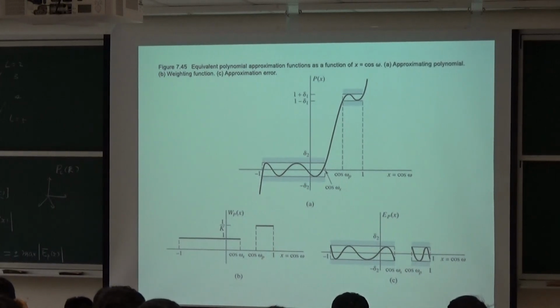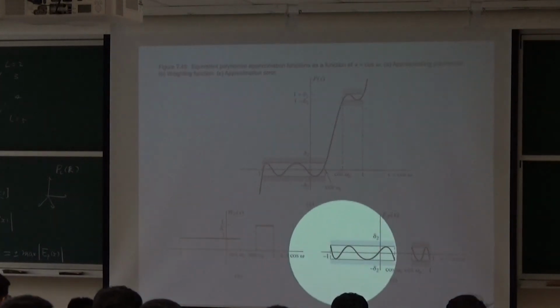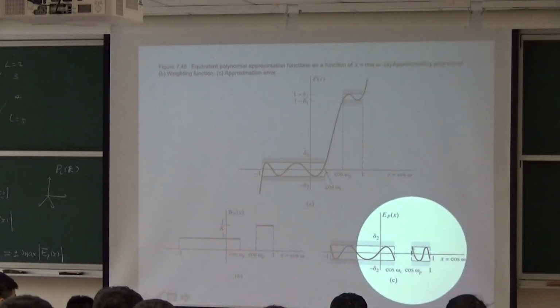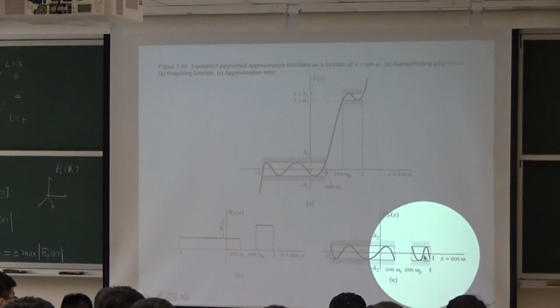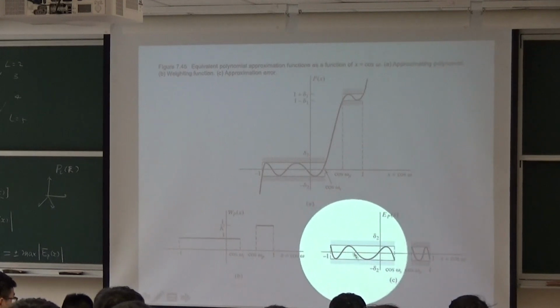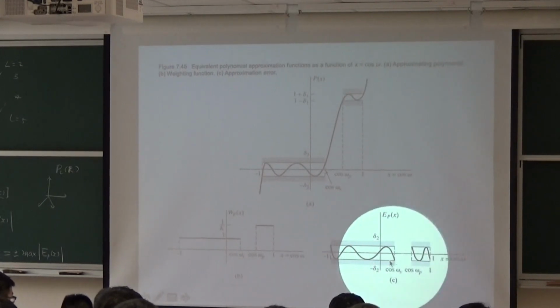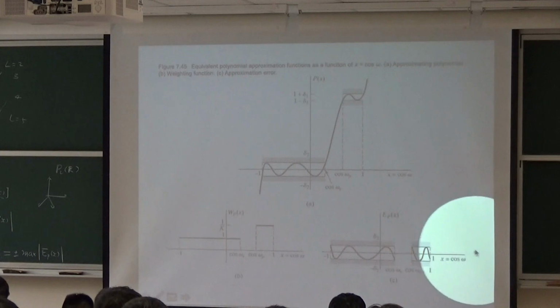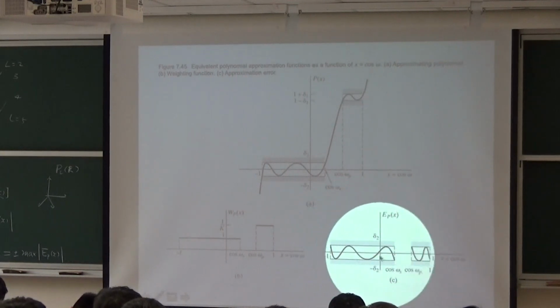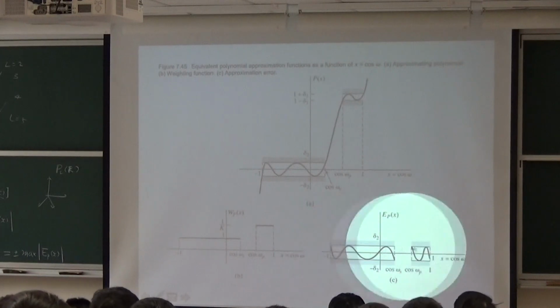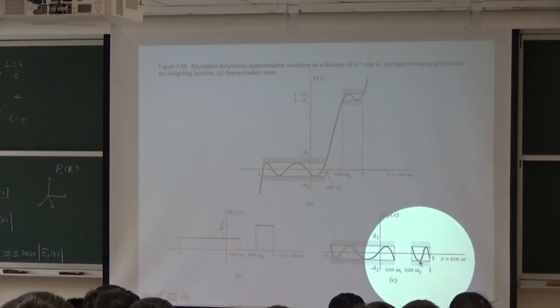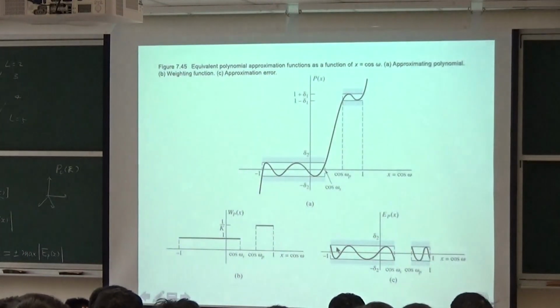In the end, we see that the maximum weighted error is equal for the stop band as well as the pass band, so that after weighting, the error is equal ripple. This is the equal ripple property. Any such optimal filter has equally high ripples in the pass band and stop band after weighting.